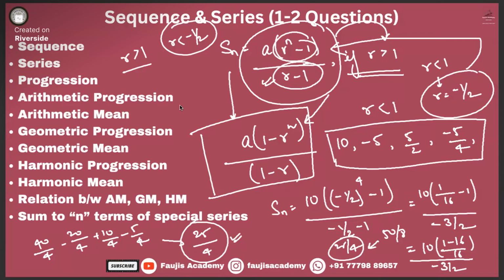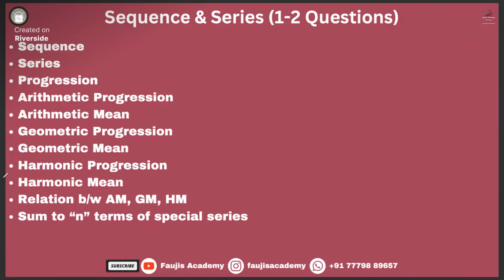Now let's try to put it in this one. What was the condition for r less than 1? A into 1 minus r to the power n divided by 1 minus r.